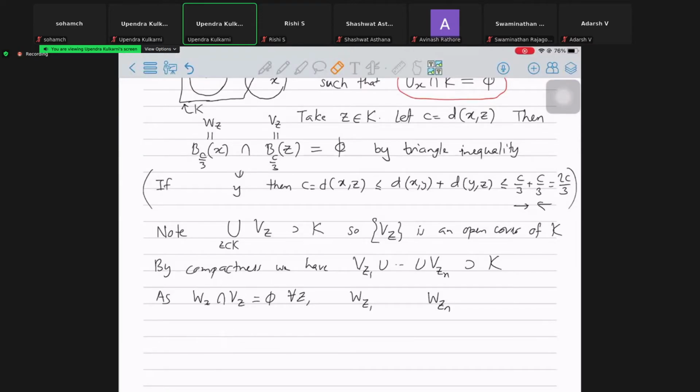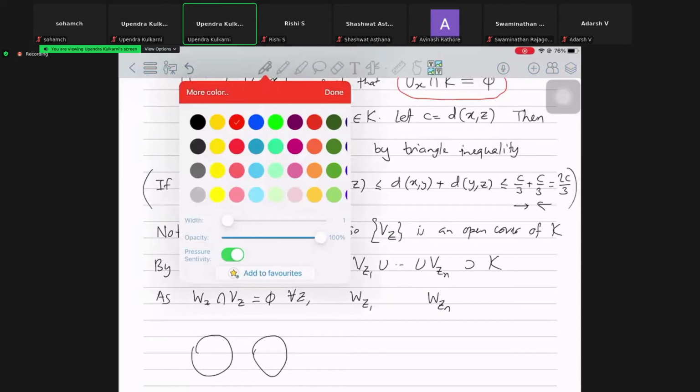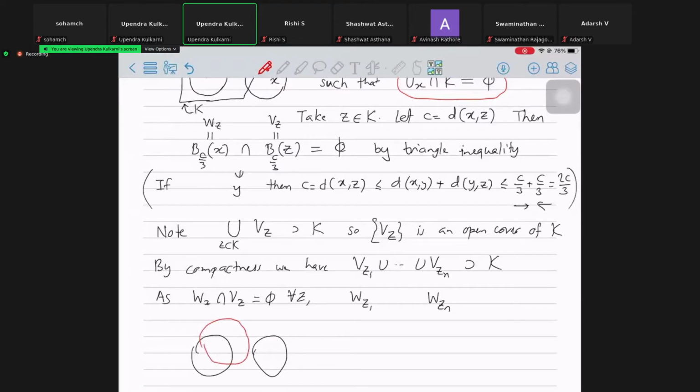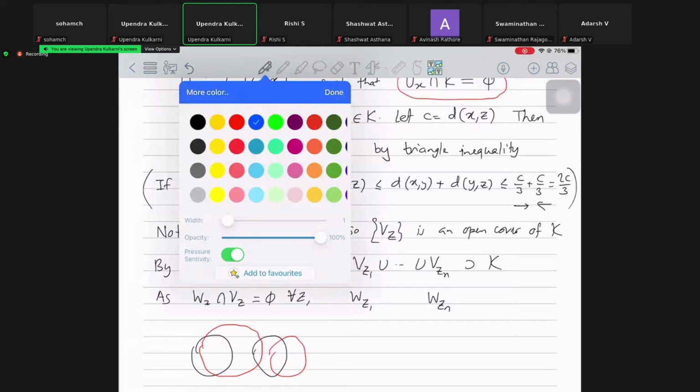So here is the circle for Z1. Let's use different colors now. Here is the red circle, but it is disjoint from the first one. And let us suppose that there is this blue circle, which will intersect with it, but there is another one.